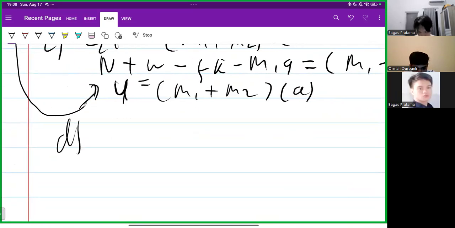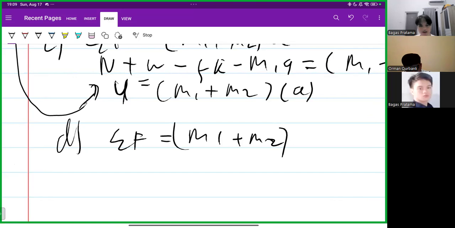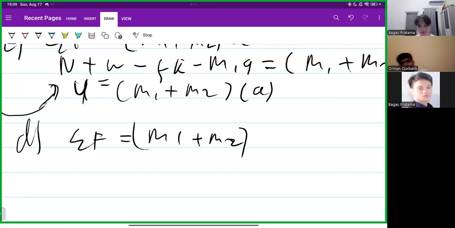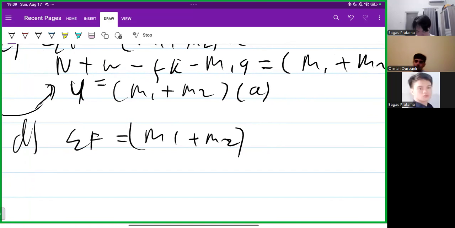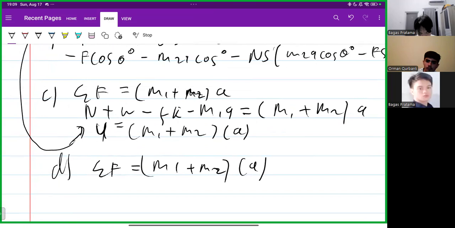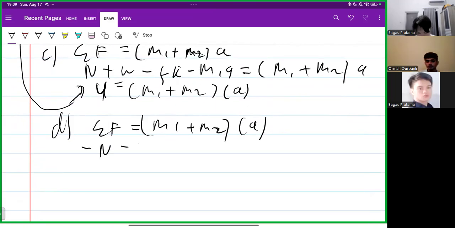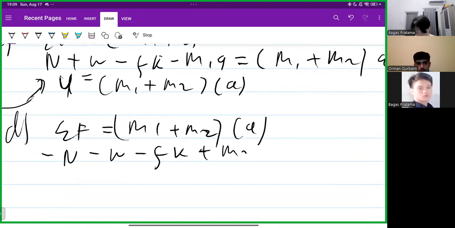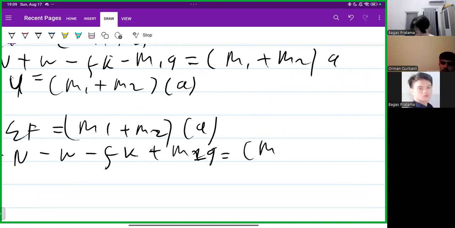So D is basically the same as B1, just because they are in opposite directions, so you just put the reverse or the minus. It's totally the same: N minus W minus friction k minus or plus m2 m1 g equals m1 plus m2 times acceleration.